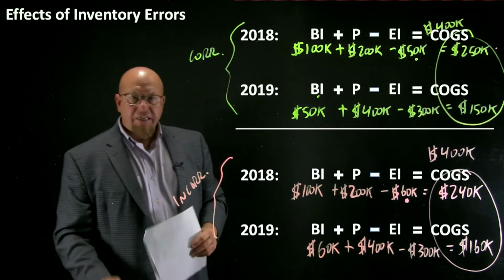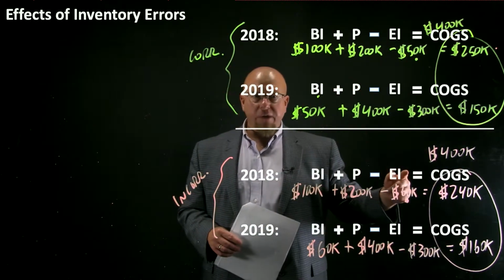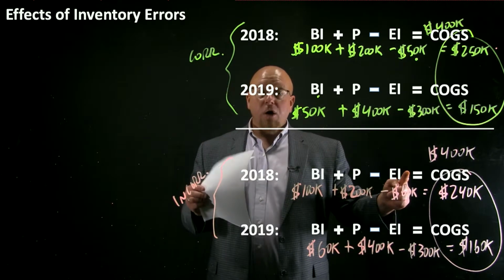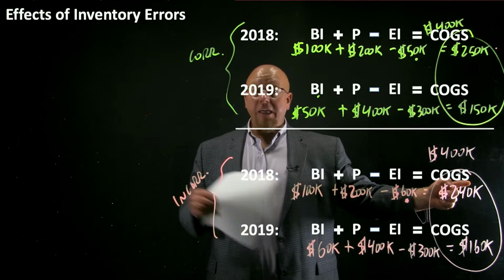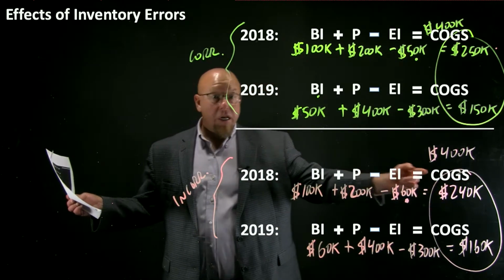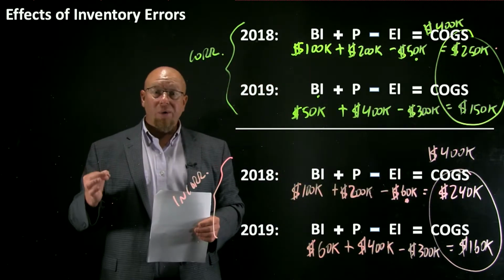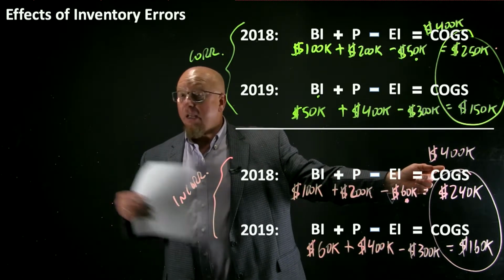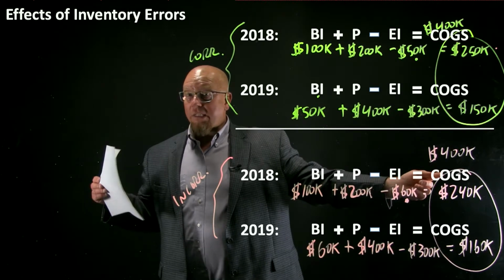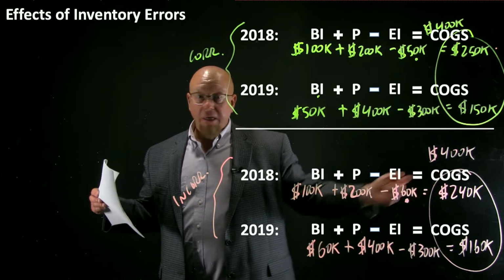That overstatement of ending inventory at the end of 2018 caused cost of goods sold to be lower. Ending inventory was higher on the balance sheet. With cost of goods sold lower, that means our gross profit was higher for 2018 than it should have been, and our net income. We enhanced profitability for 2018.